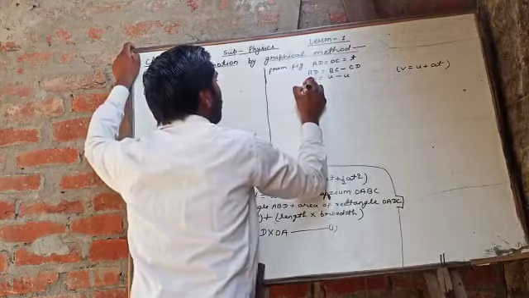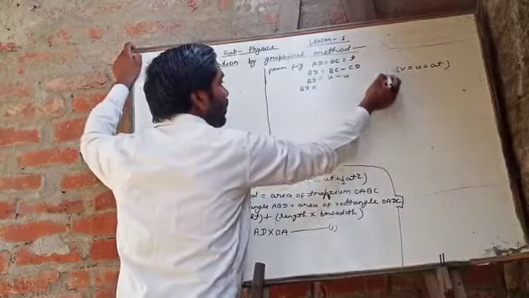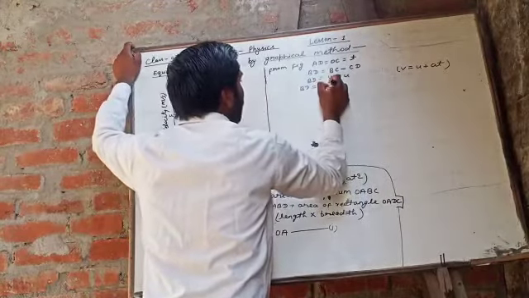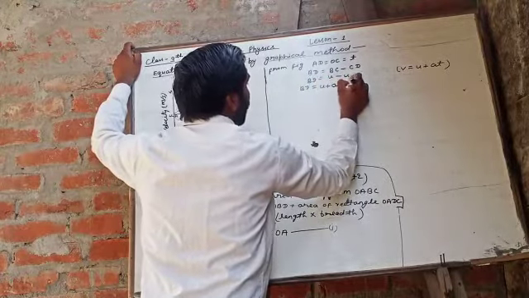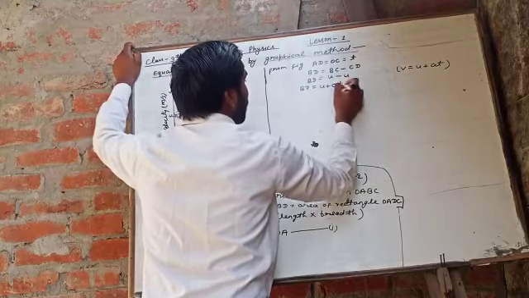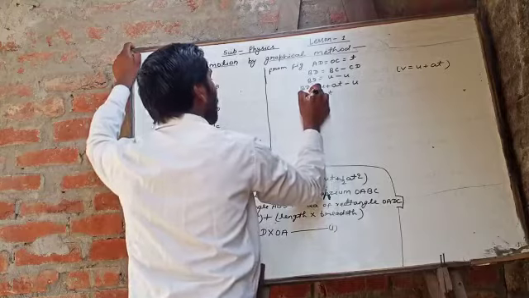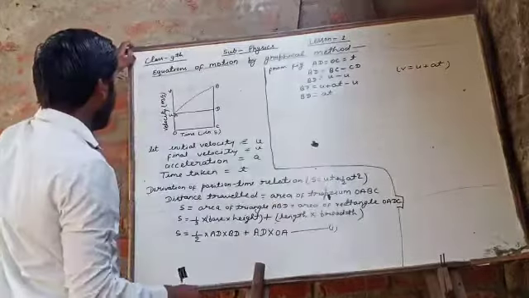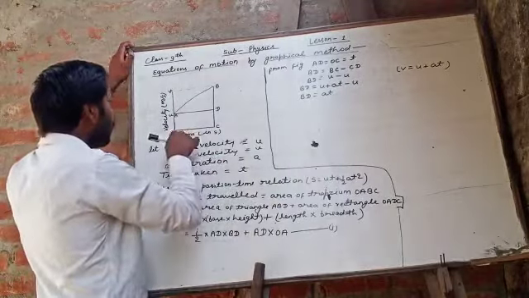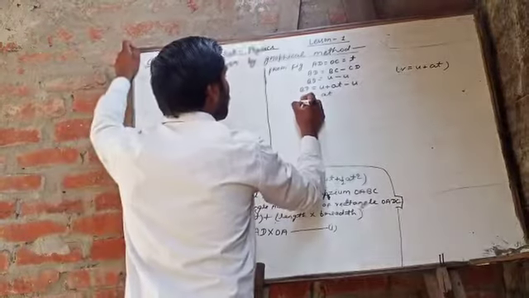So BD is equal to, in place of V, U plus AT minus U. So BD is equal to AT. OA, we know, is equal to U.